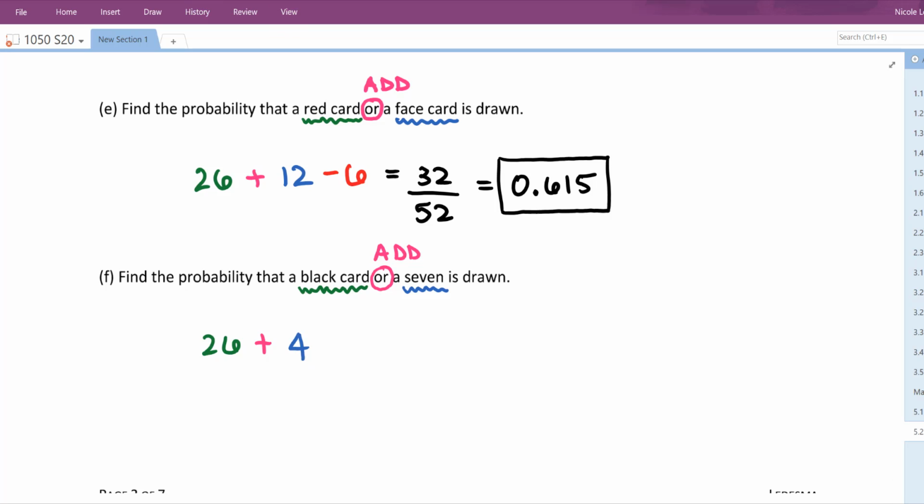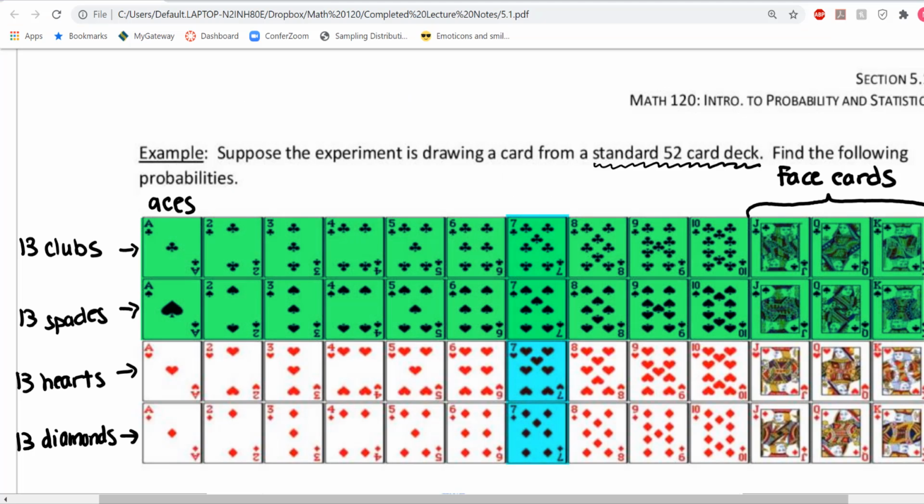Okay, and then we will also for this one have to subtract. There were cards that they had in common that we double counted, so we'll have to subtract that out. So in this case we have these 2 cards in common that we double counted, so make sure we subtract that out.